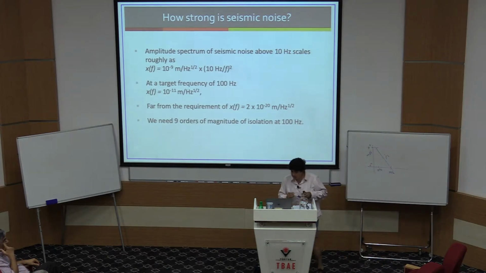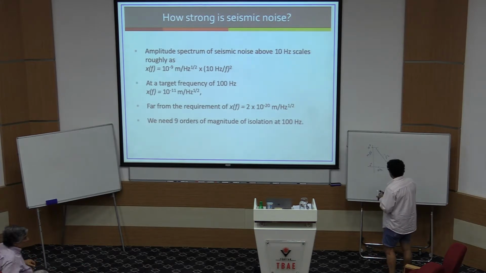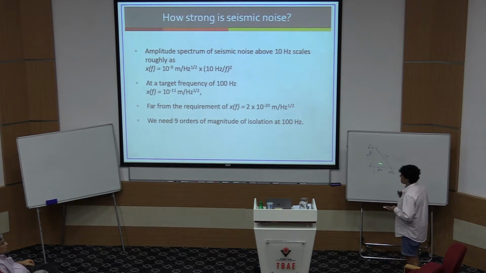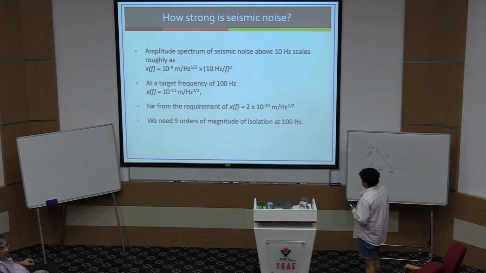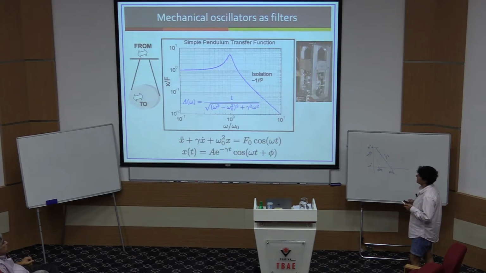So that's what the spectrum of seismic noise looks like. You can tell already that at 100 hertz, this is quite far from the 10 to the minus 18 that we need to reach. So we need roughly 9 orders of magnitude of isolation. So how are we going to do that?